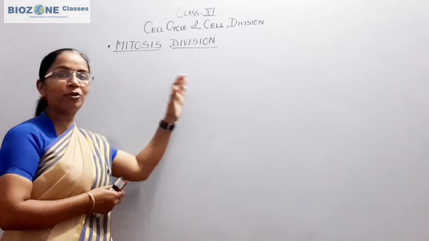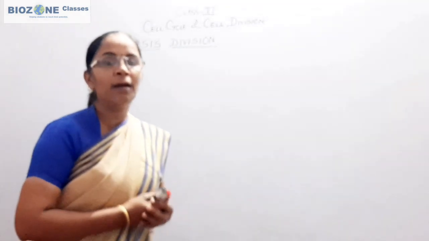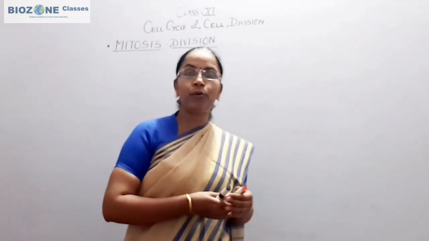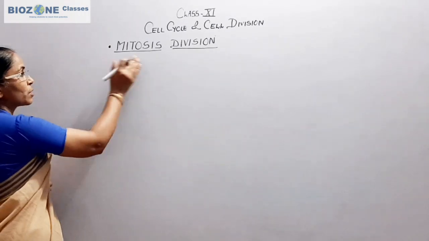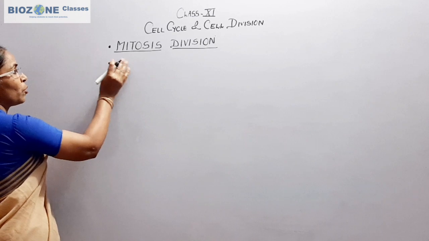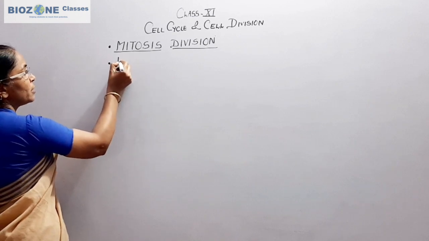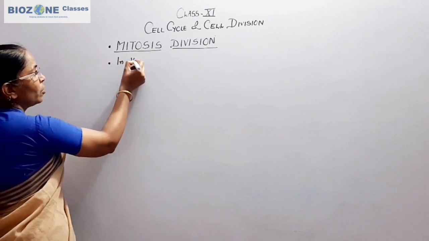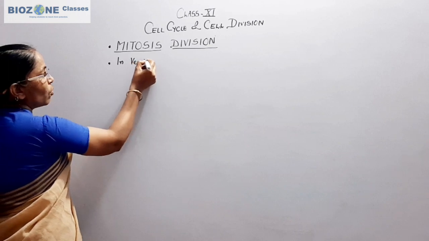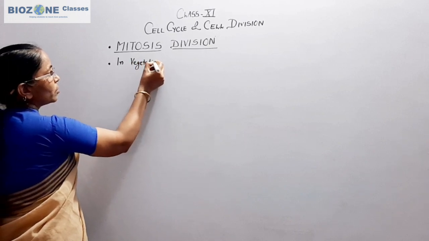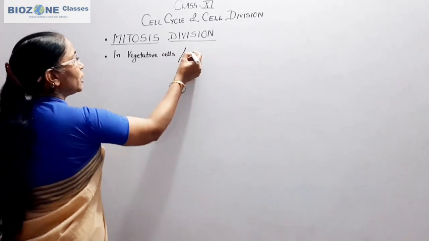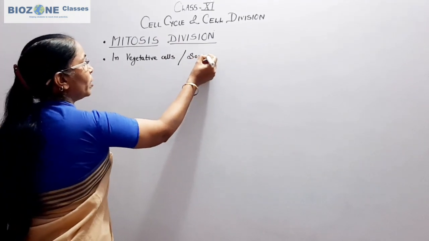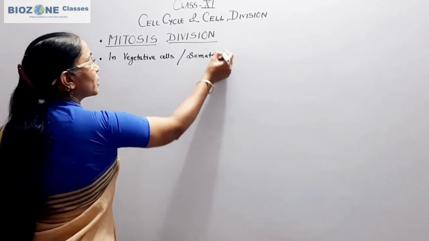Mitosis division, as we study, mainly takes place in vegetative cells. Firstly, you remember the mitosis division takes place in vegetative cells of the body, and vegetative cells we commonly call somatic cells.